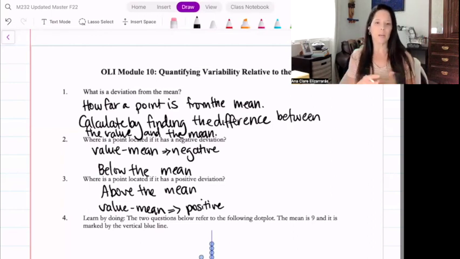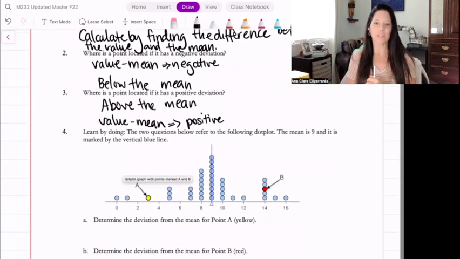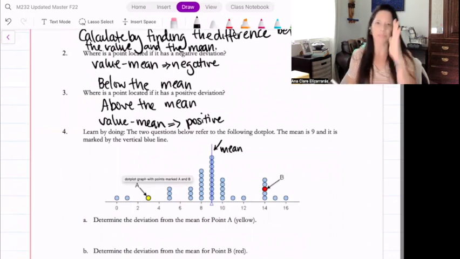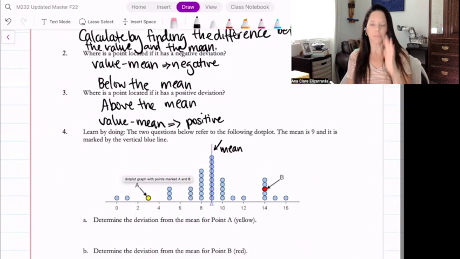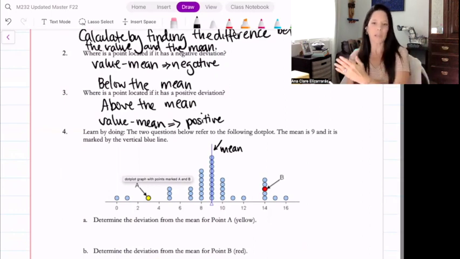We're going to look at a dot plot that is in the Learn by Doing in OLI. And we're told that the average is 9, and that's what this little line is here. That's saying that the mean is 9. That's the balancing point. Determine the deviation from the yellow point and the red point. So the yellow point is below the average, and so we should get a negative deviation. The red point is above the average, and so we should get a positive deviation.